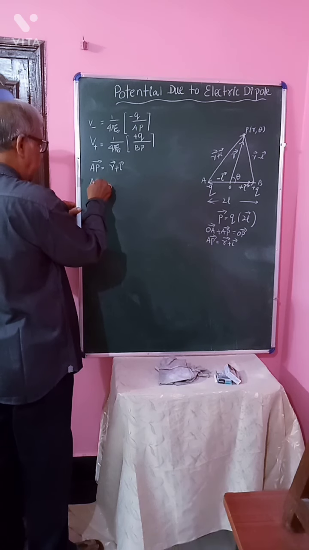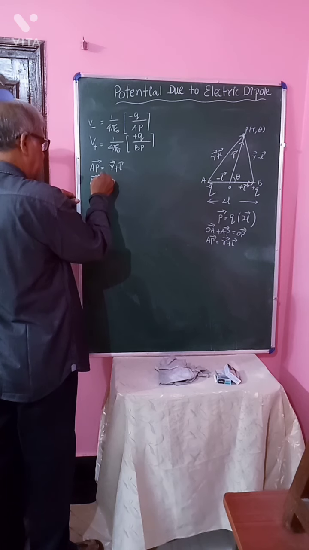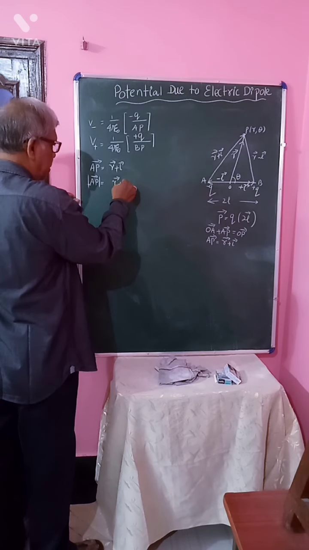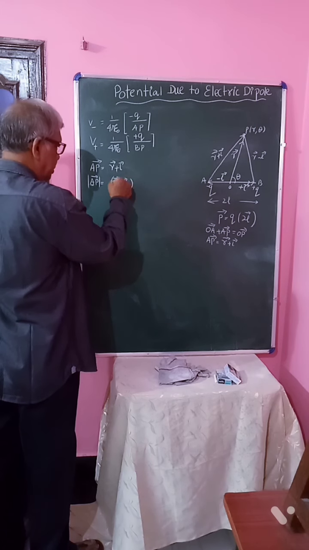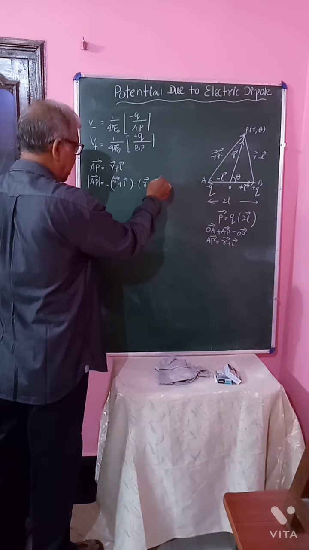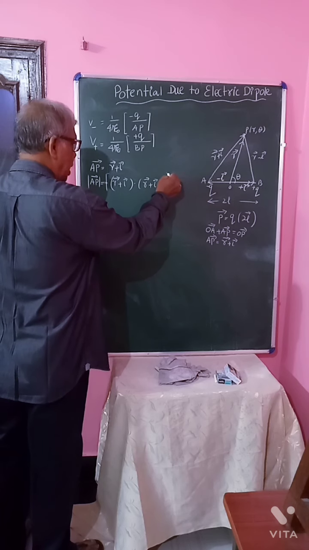Now, the magnitude of AP is the square root of r vector plus L vector dotted with r vector plus L vector, to the power half.